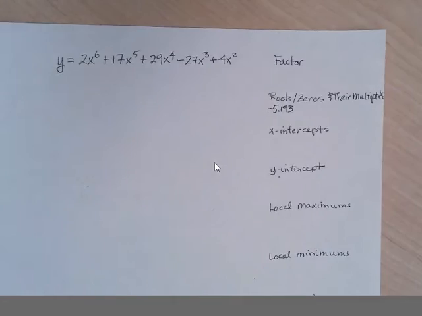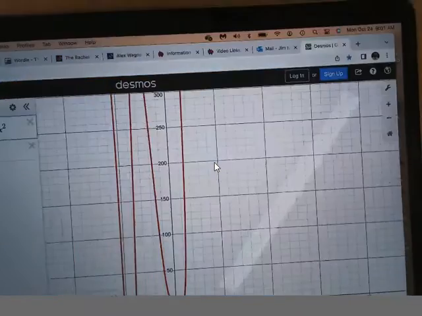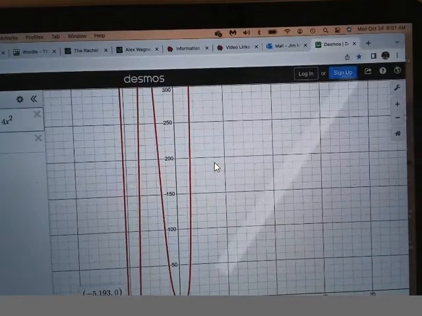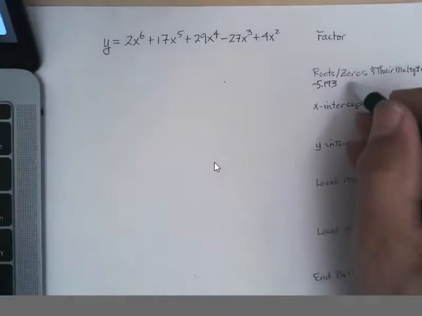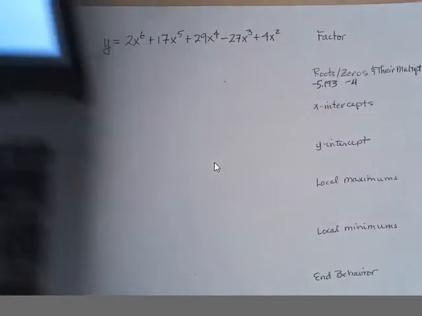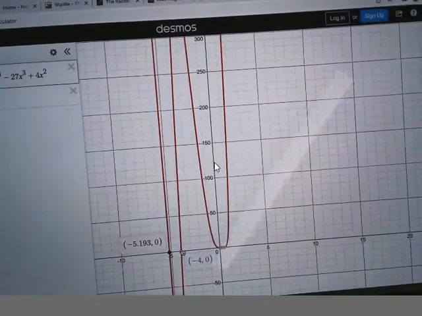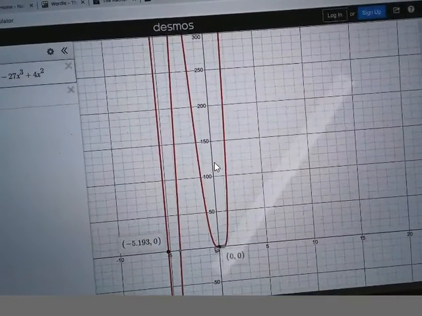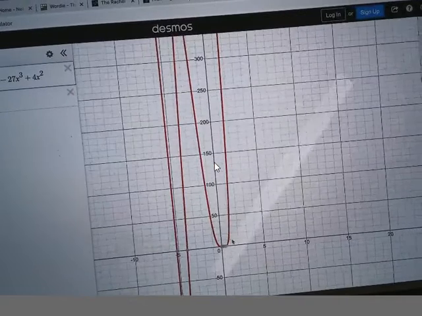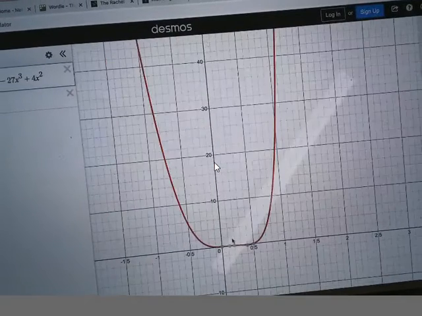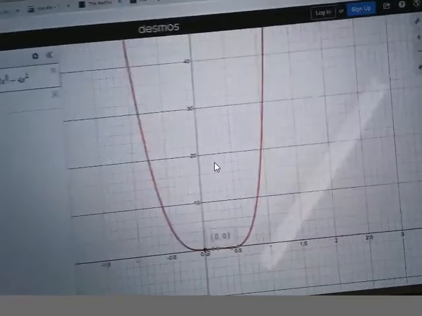And then it looks like there's one at negative 4, and zoom in here, one at 0.